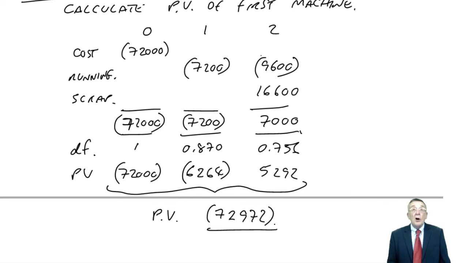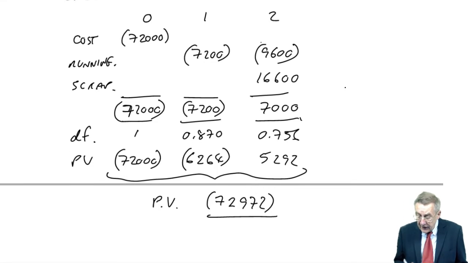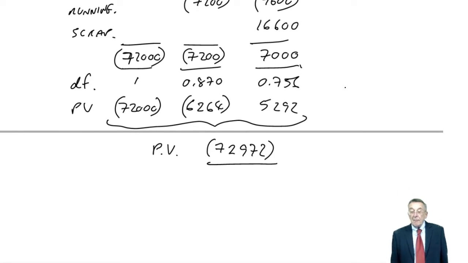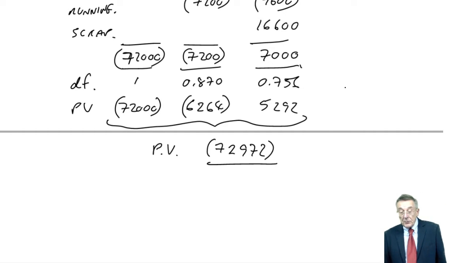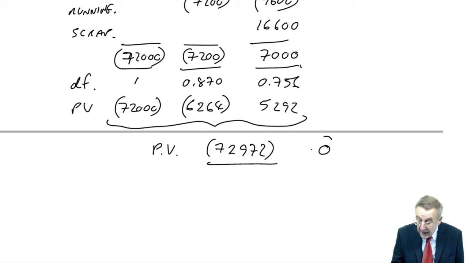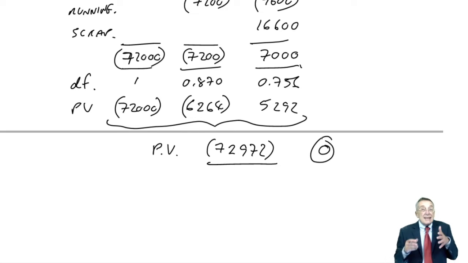Appreciate that is a cost. I've already said we're going to do it for all 3 choices and see which is the cheapest cost. But there is step 1. That first machine has a present value of 72,972. It's like paying out 72,000 now. But it's going to be repeated every 2 years.